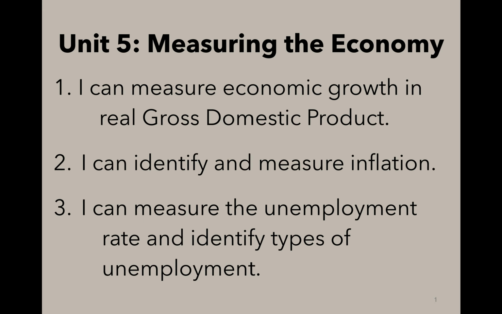Our topics for this unit are going to be 3 ways that we measure the economy. How do we know when the economy is doing well, and how do we know when it is not doing well? We're going to measure 3 different things. We're going to measure economic growth with something called the gross domestic product, which is what we're focusing on today. We're going to identify and measure inflation, and we'll also measure the unemployment rate and identify different types of unemployment.